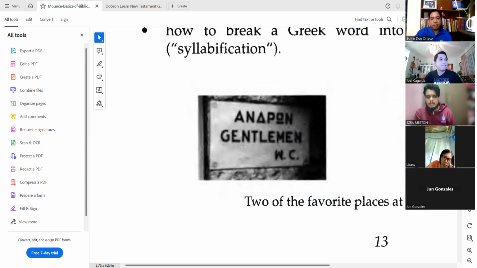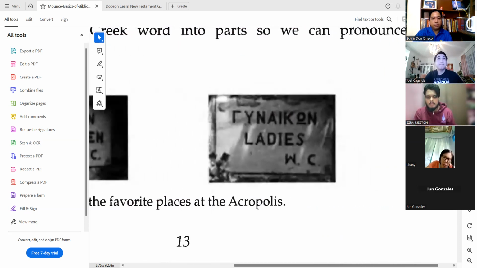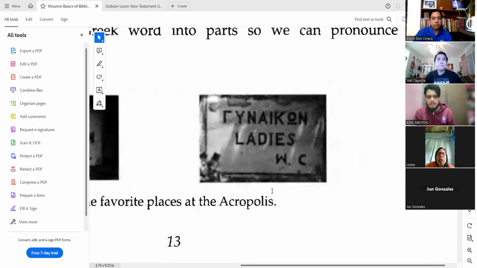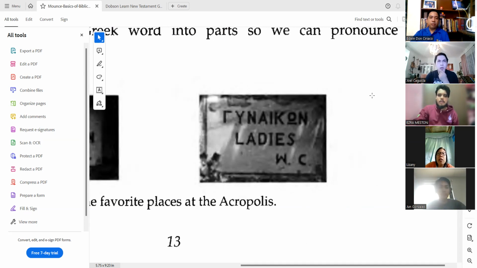The one on the right is, okay, just analyze. So the first letter is, I think, Ezra, are you raising your hand? Do you want to try? Okay. So the first letter is?